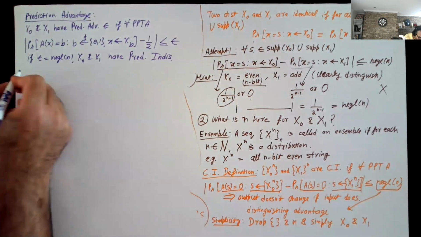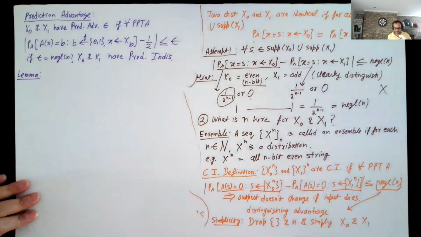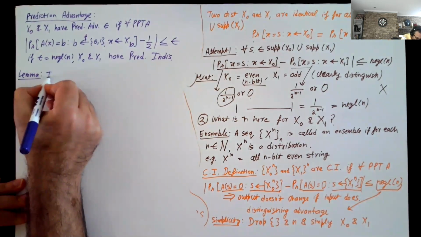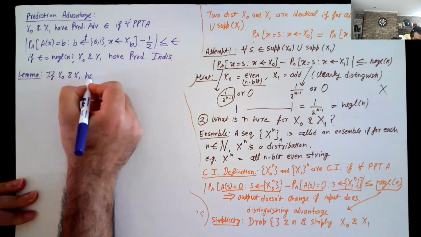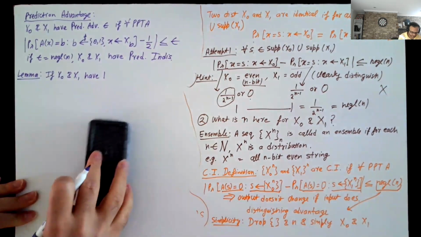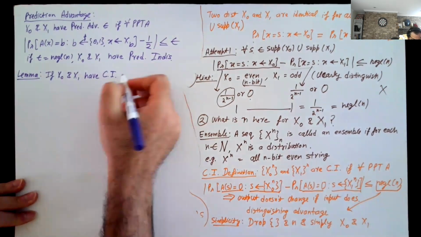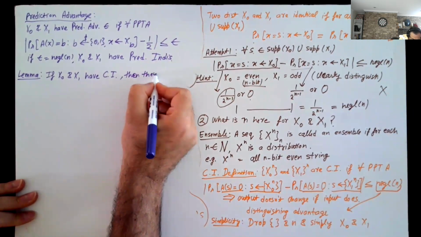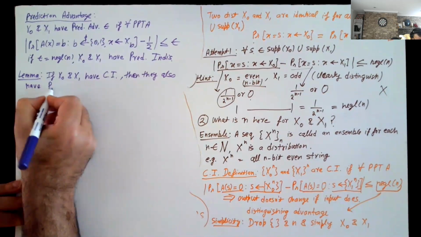So here is a lemma. The lemma says that if x0 and x1 have computational indistinguishability, then they also have prediction indistinguishability.